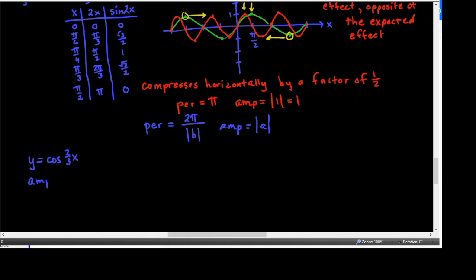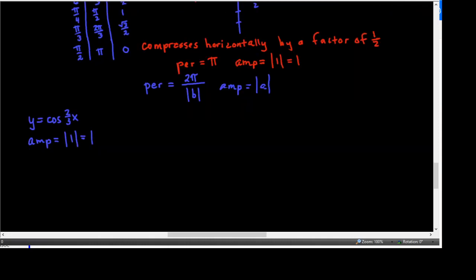Find the amplitude, which is the absolute value of a, and there's an understood 1 in front of cosine, so the amplitude is the absolute value of 1, which is 1. Even though it's kind of like, well, that's what it always is for the normal function. Yeah, you're right. I'd like for you to go ahead and give it a nod so that you think about it, so that when it's not 1, you know that it has to change. You've got to do something about it.